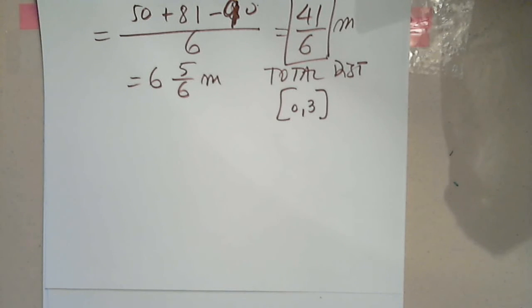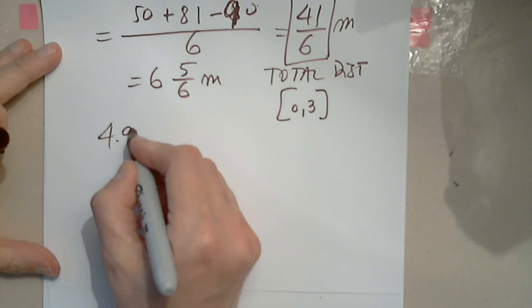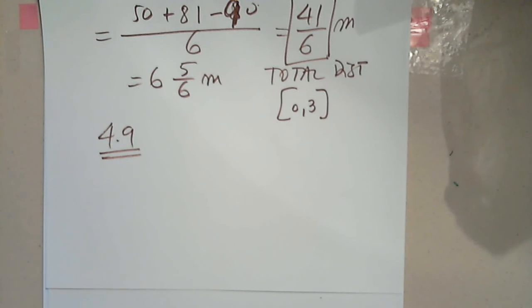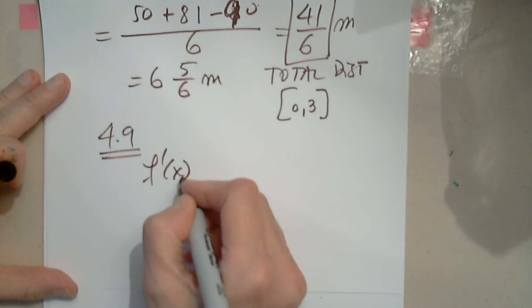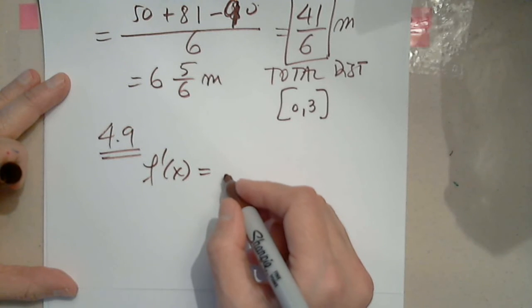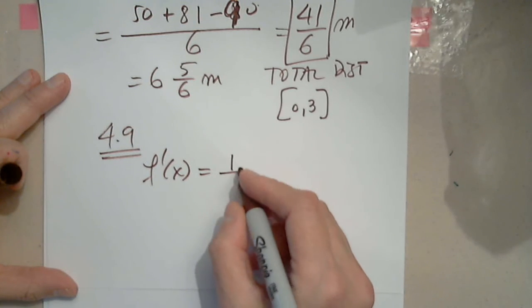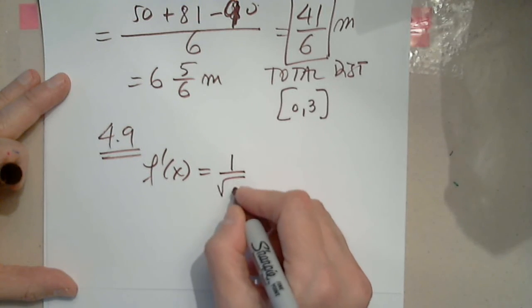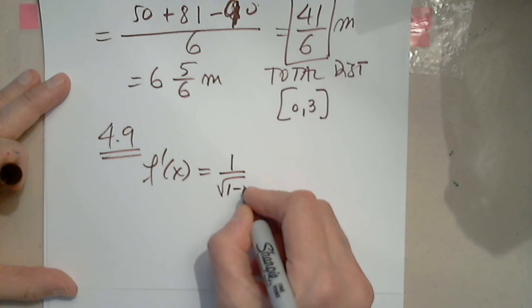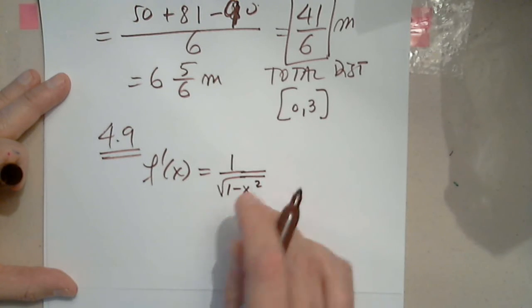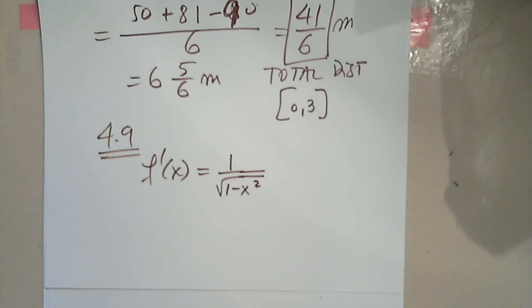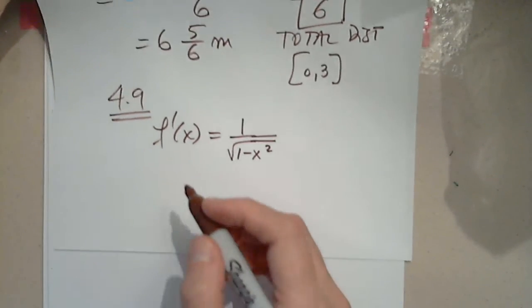It is from section 4.9. Derivatives. Yes. It is find f. So f prime of x equals 1 divided by the square root of 1 minus x to the second. Like this? Correct. And then it says f of 1/2 equals 6.